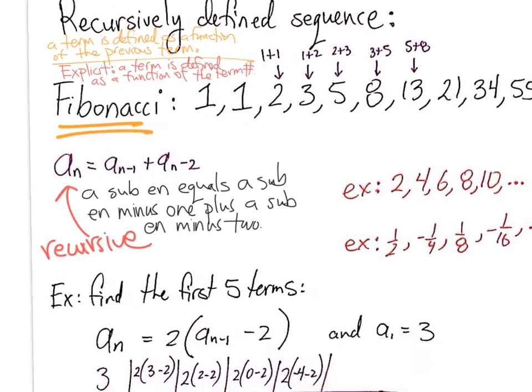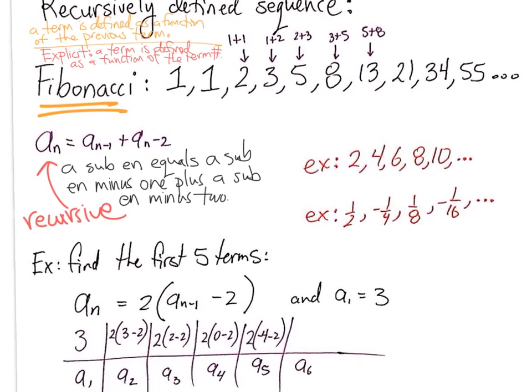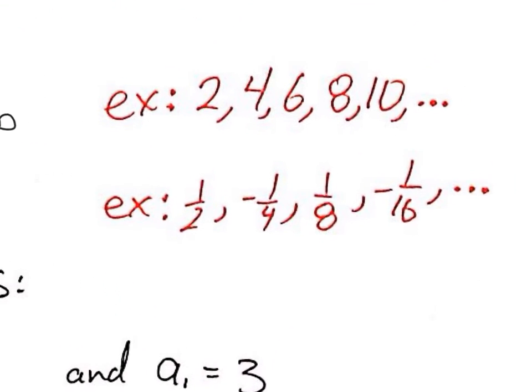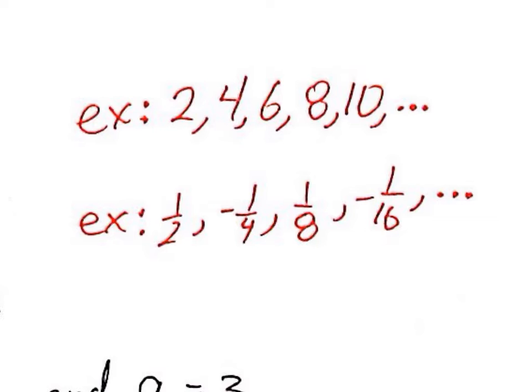So we'll return to Fibonacci, but let's take a look at these, see if we can come up with a recursive formula. So we're looking for a recursive formula. There we go. I'm going to blame it on the stylus.